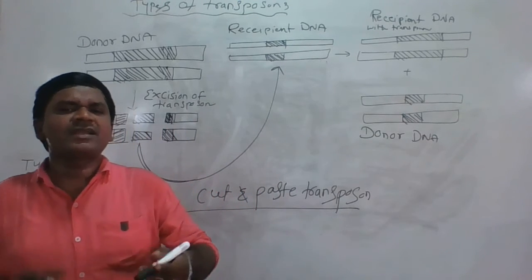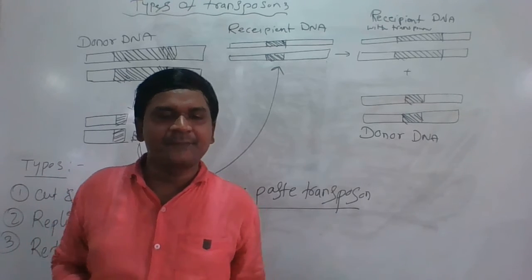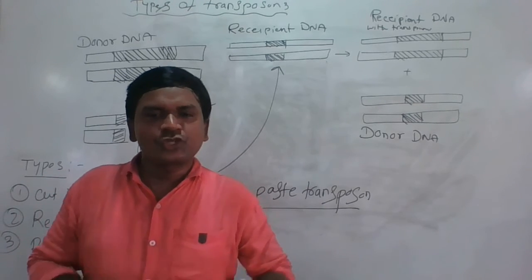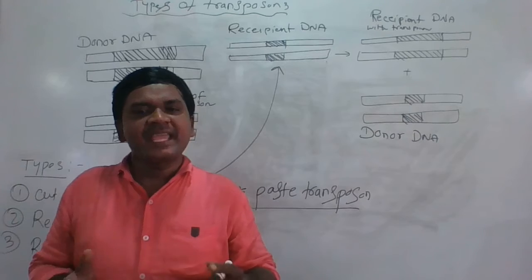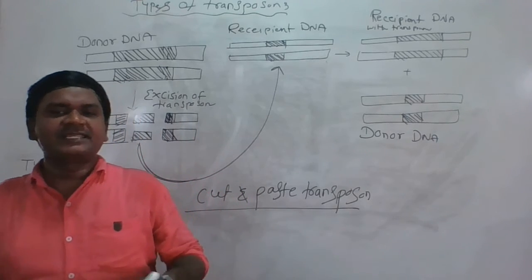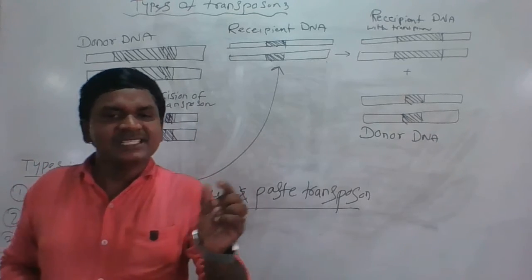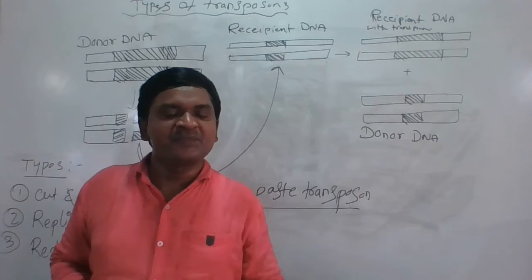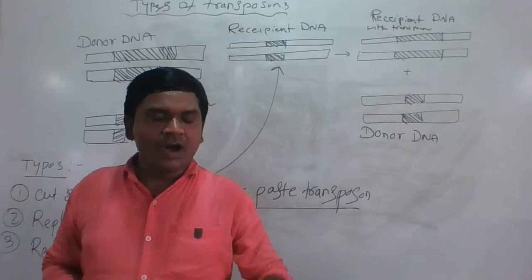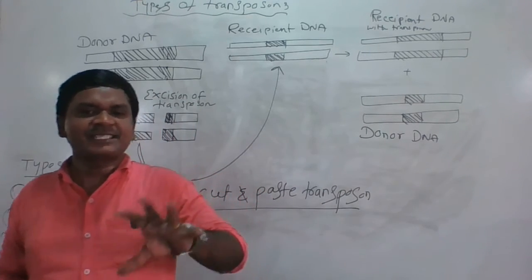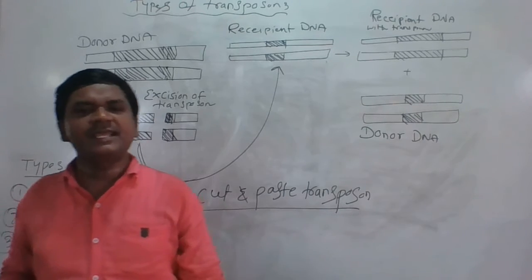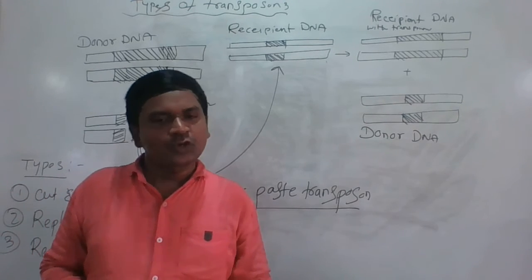There are several copies of IS elements like IS1, IS2, IS3, IS4 and IS5, different categories of IS elements we can observe in a bacterial chromosome, right? These are the types of IS elements present in the bacterial chromosome.